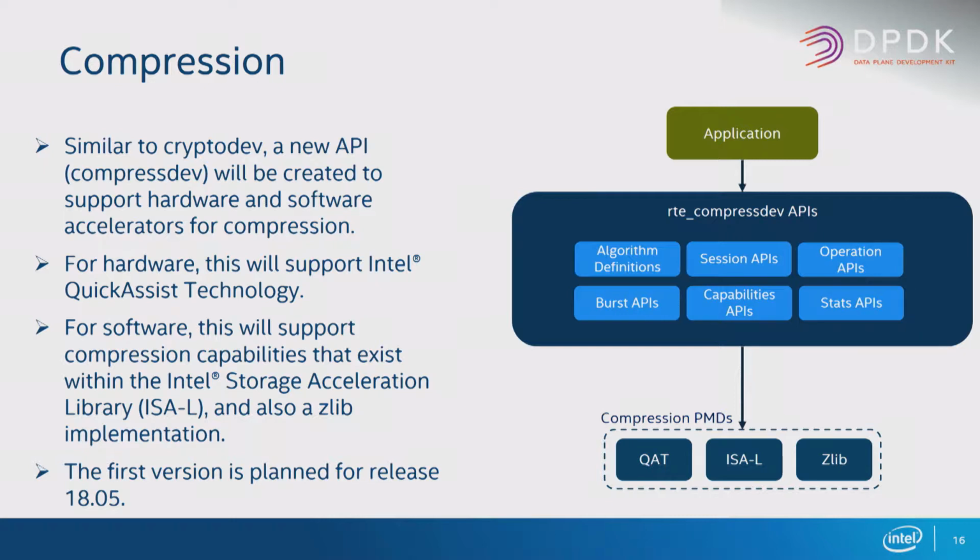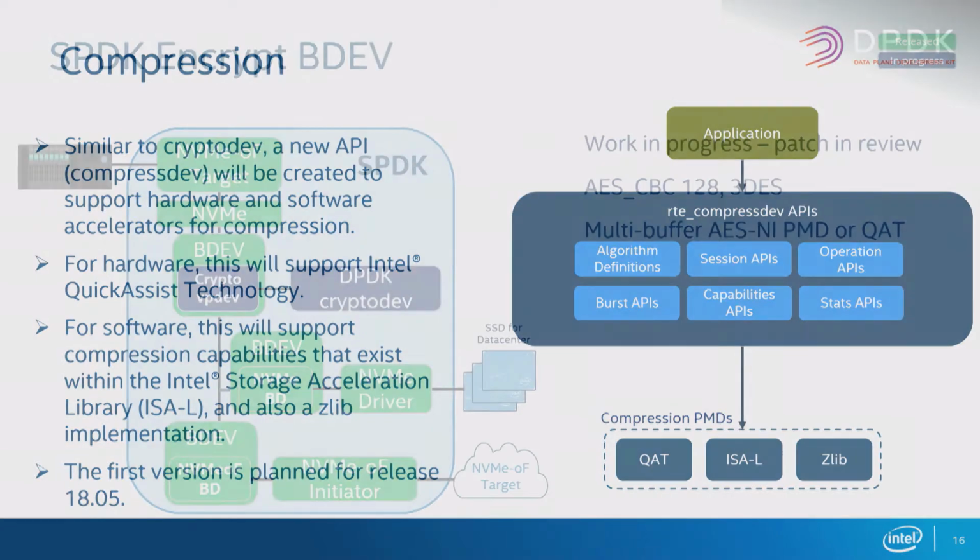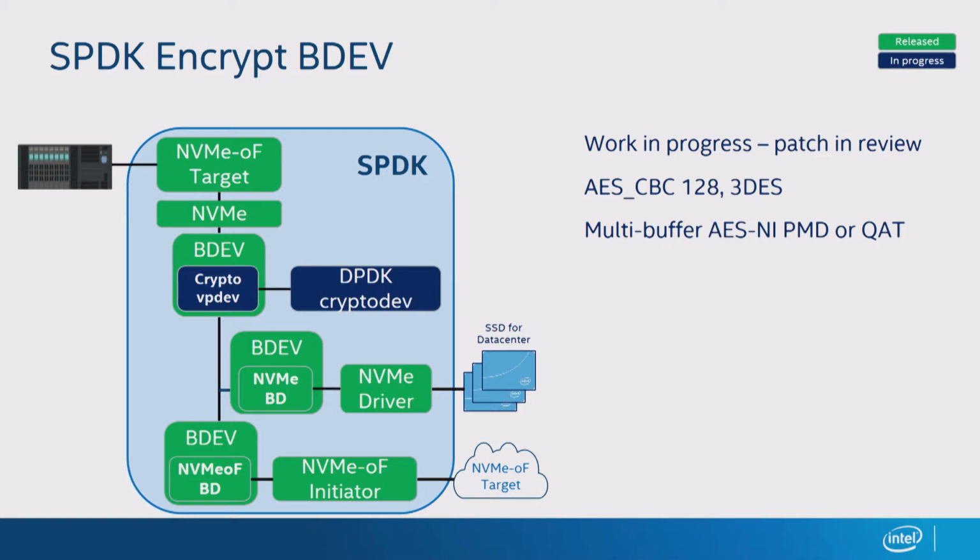It'll be quickly followed by QAT and zlib and probably others. And you don't have to wait. As Paul mentioned before, there's already work in progress for a block dev that uses the DPDK CryptoDev, and it can target either the QAT offload or a software load.